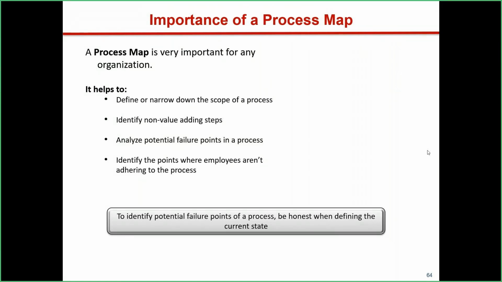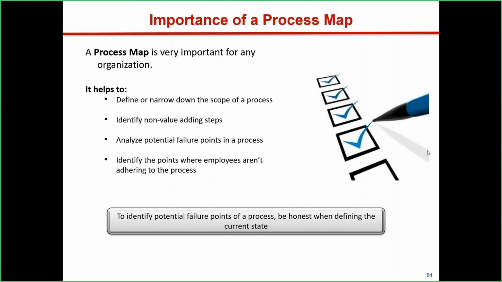To identify potential failure points of a process, be honest when defining the current state. So when I say current state, what do I mean? A process is documented, let's say there is already a process flow, but what is exactly working on the ground is the current state. Current state process map can also be the other term that is used.